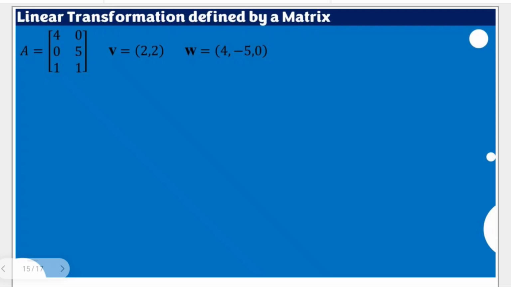Our matrix here is a 3 by 2 matrix. In short, it is an m by n matrix, where m is 3 and n is 2. We already have this understanding when we talk about a linear transformation defined by a matrix. The linear transformation is actually computed as R^n mapped to R^m.